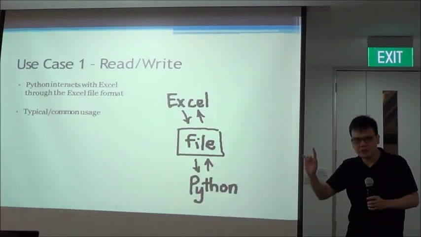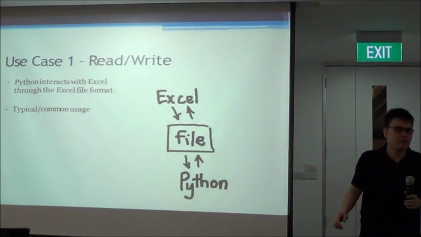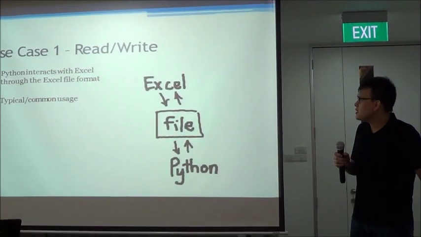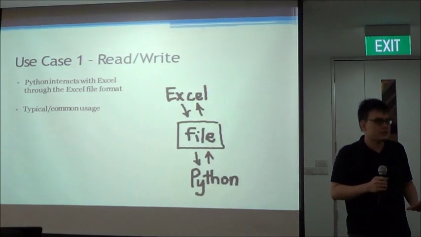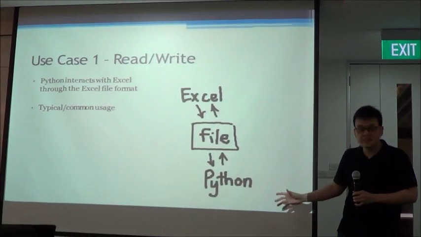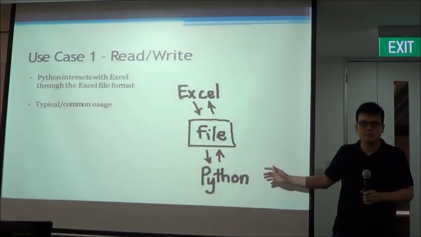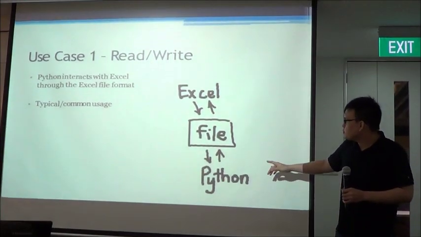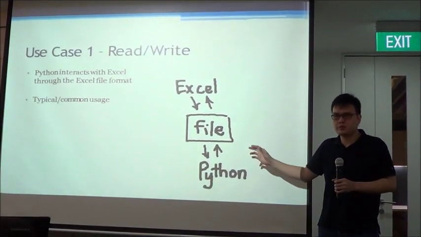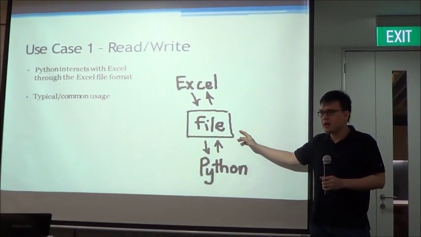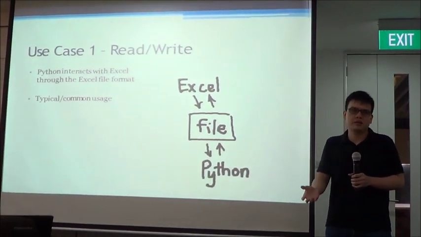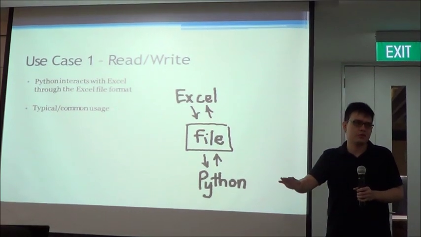Okay? First case, why do you want to use Python with Excel? One is to read and write into Excel files. This is the usual case, the usual reason why people would want to use Python. Excel, we know, produces files, and sometimes probably these get manually sent to you through email.